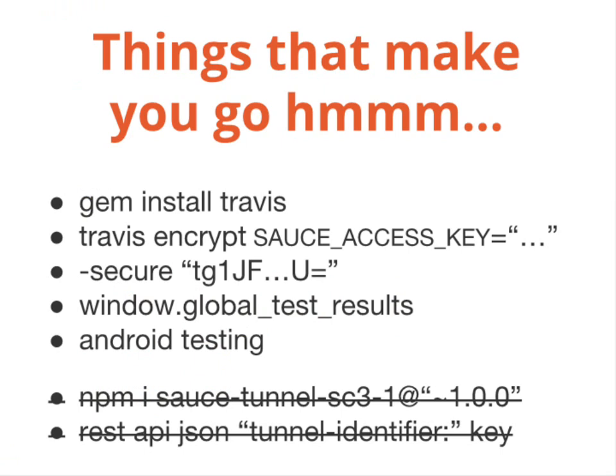So when the person does the pull request, it will not do encrypted variables for them. So you'll have to filter that out.